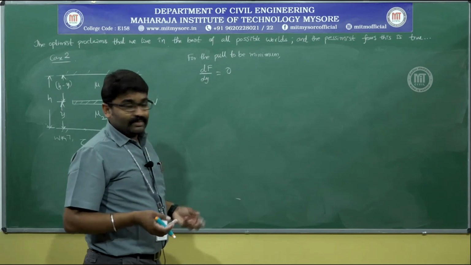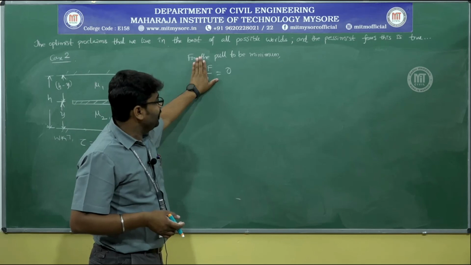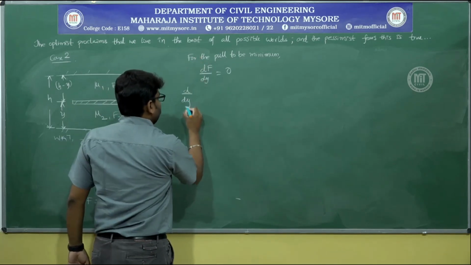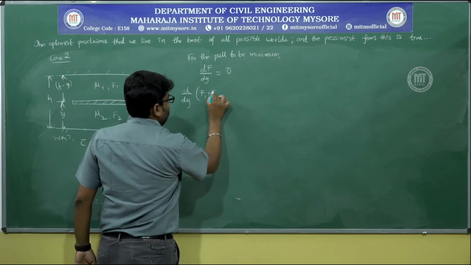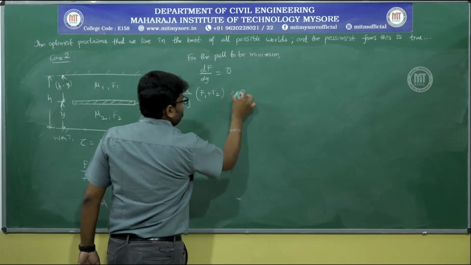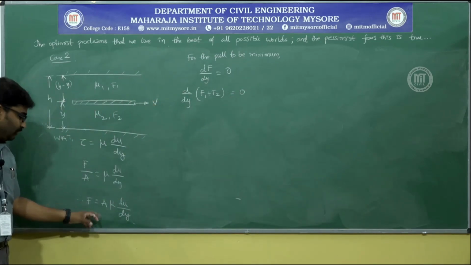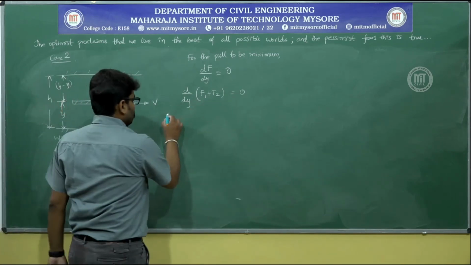What is dF here? You read it as d by dy of F. So, I will write this as d by dy of F. F is nothing but F1 plus F2 is equal to 0. What is F1 and F2? You have the expression ready for F. Use this and get what is F1 and F2.